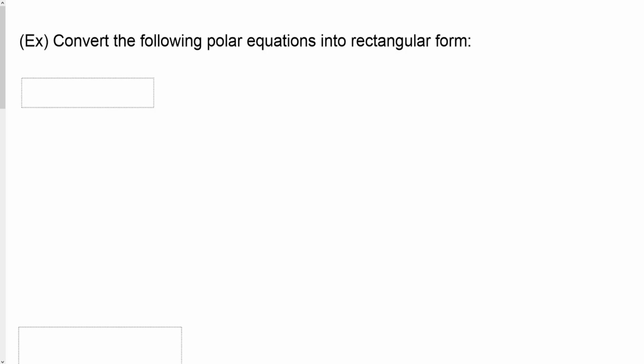Going the other direction, let's convert this first polar equation into rectangular form. So essentially what you're looking for is a factor of r sine theta that you can change into y, or a factor of r cosine theta that you can change into x. Now we don't exactly have that. There's a couple things we can do, however.